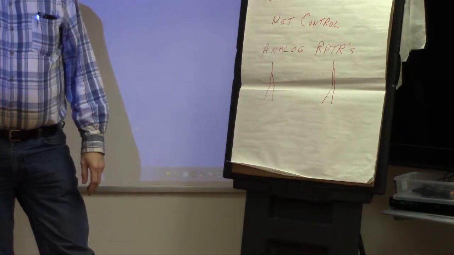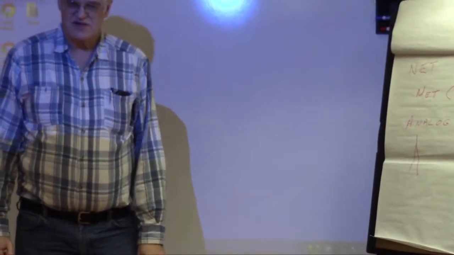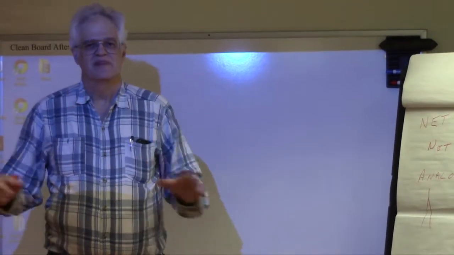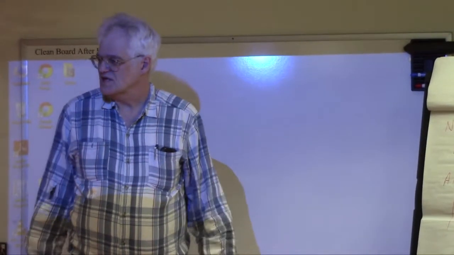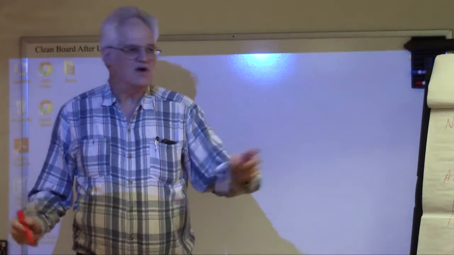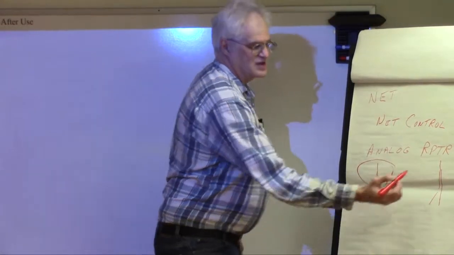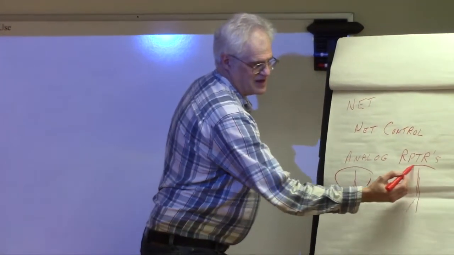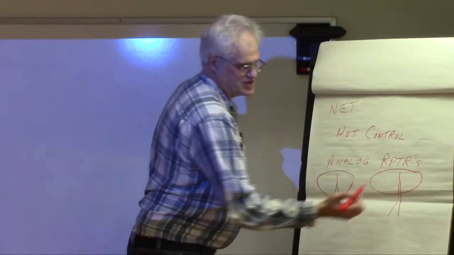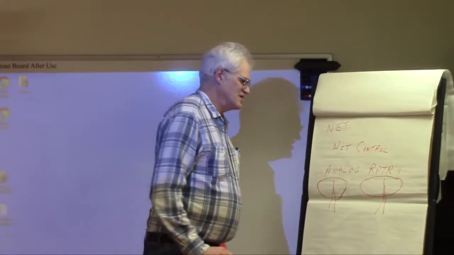Now there are various schemes that have come along. Say we have two repeaters that are far enough apart that we say, how about if we link these two repeaters? Now everybody in range of this repeater could also talk to anybody in the range of that repeater, which is something we commonly do.